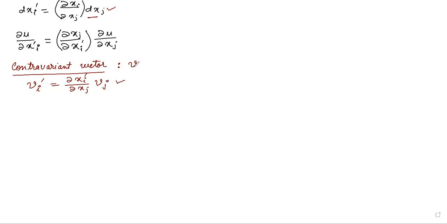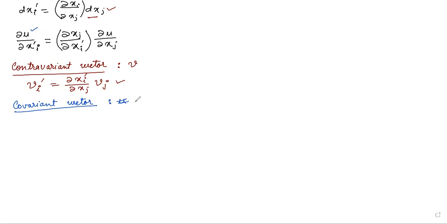So this is how we define a contravariant vector. Then the second type of vector is called a covariant vector. Suppose u is a covariant vector. Oh, sorry, I have already used u to represent a function.